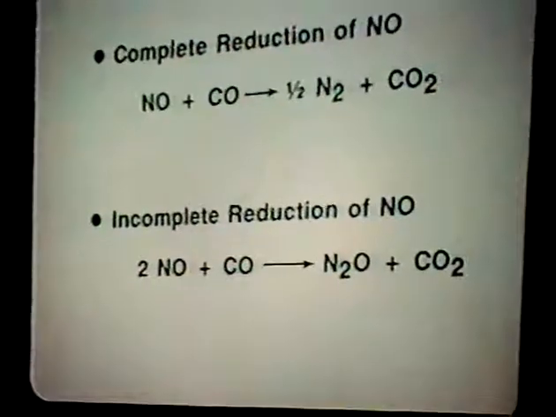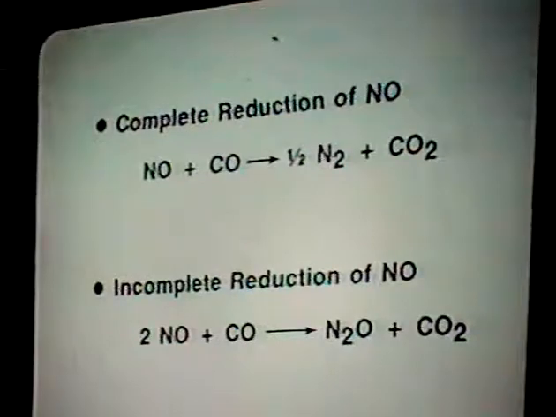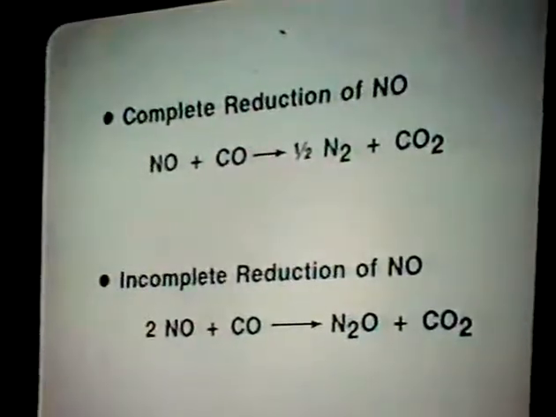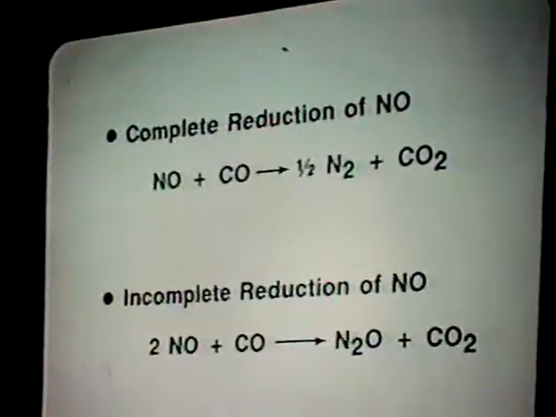Before showing you our results, I'd like to draw your attention to the reaction pathways in the NO-CO reaction. The nitric oxide reduction by carbon monoxide can go in two ways. The first is the complete reduction of nitric oxide, which occurs between one NO and one CO to produce nitrogen. The other is incomplete reduction of nitric oxide, between two nitric oxide and one carbon monoxide, to produce nitrous oxide.